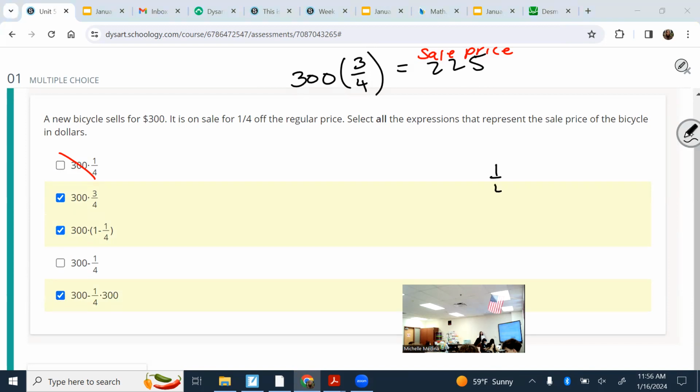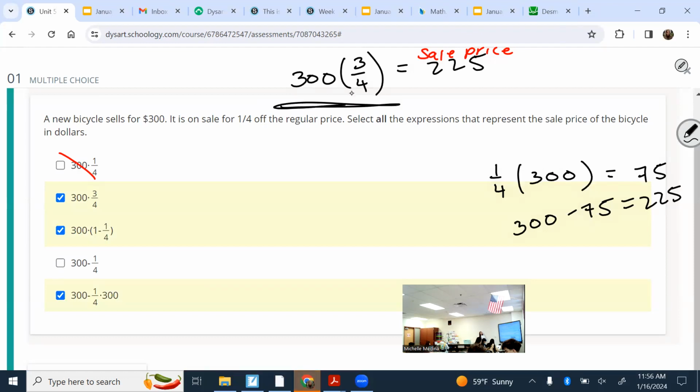I used to figure out what 1/4 times 300 was, which I don't know what that is. 300 divided by 4. All right, it's 75. But then you still have to subtract it from the original price, which then gives you the 225. This way is easier.